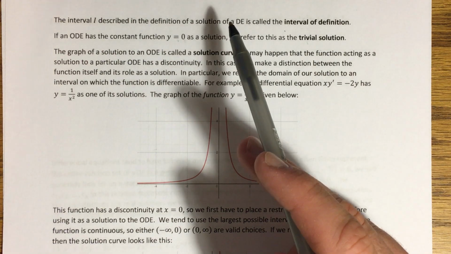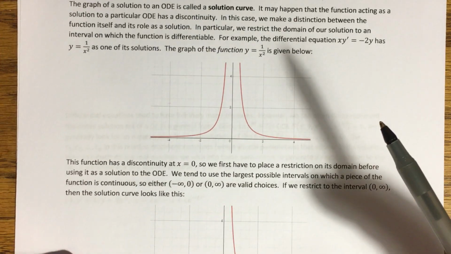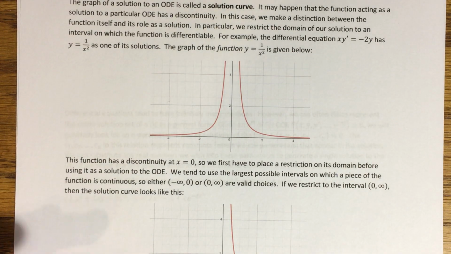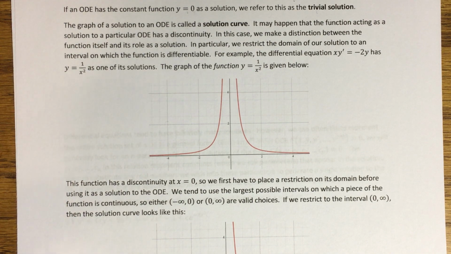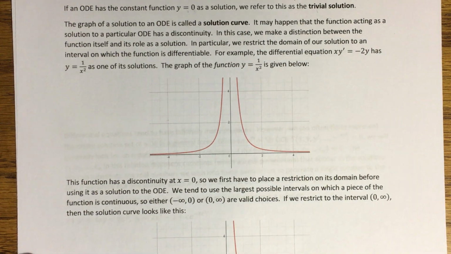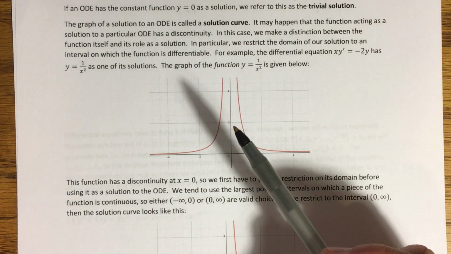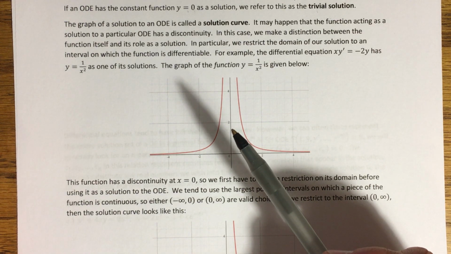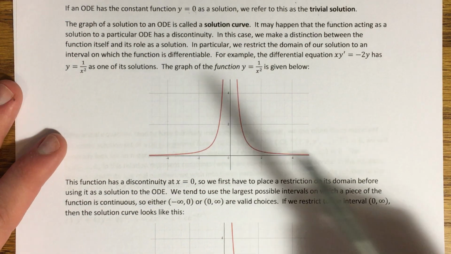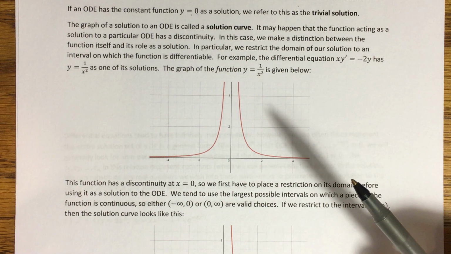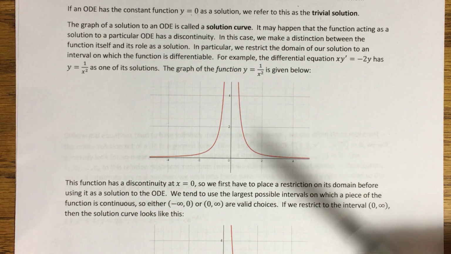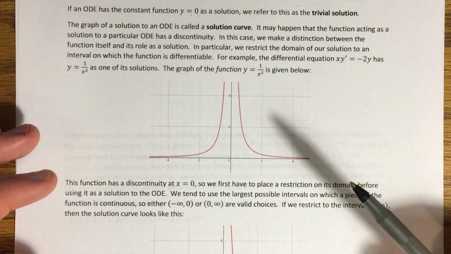So this specific solution is called the trivial solution. All right, now that that's out of the way, I want to talk a little bit about the difference between a function just in its own right as opposed to a function being a solution to a differential equation. So first of all, when we have a solution, like the two solutions that we just checked for that previous example, we refer to its graph as a solution curve.